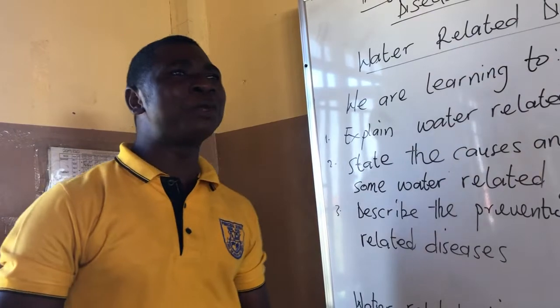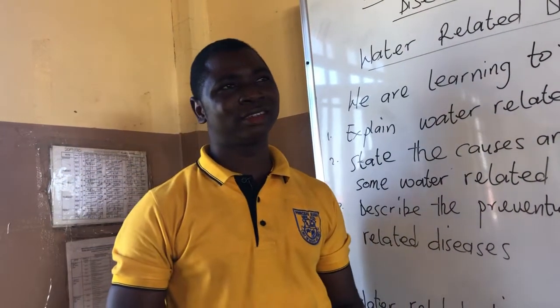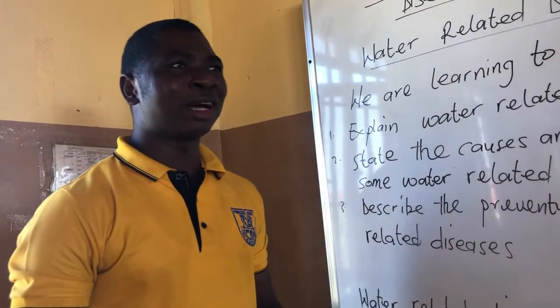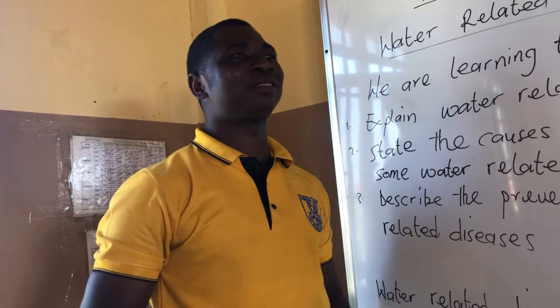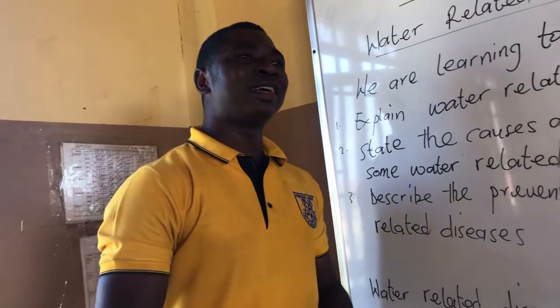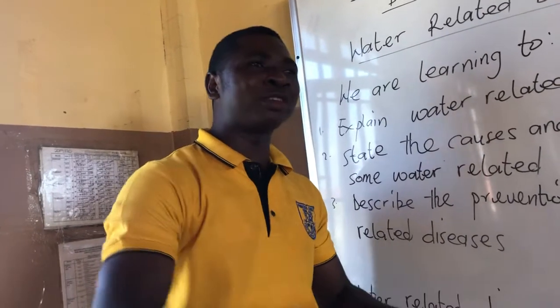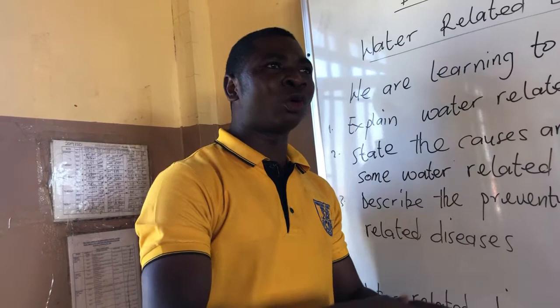So when we say water-related diseases, how do you understand? Water sometimes carries disease. So we say water-related disease, meaning that water relates to some disease when human beings destroy or spoil the water.